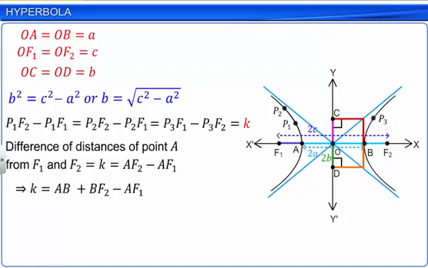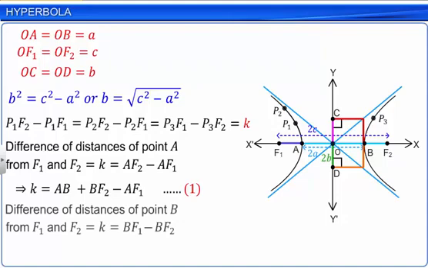Now, consider the other vertex B that lies on the hyperbola. The difference in the distance of point B from the two foci is given by BF1 minus BF2. Since BF1 is equal to AB plus AF1, we get k is equal to AB plus AF1 minus BF2. Let this be equation 2.